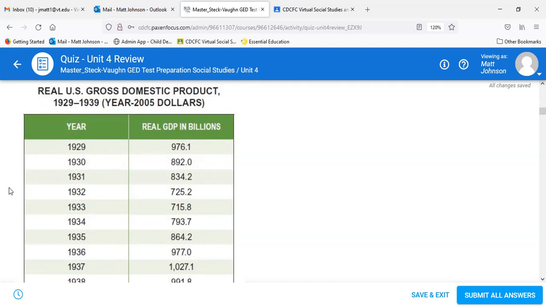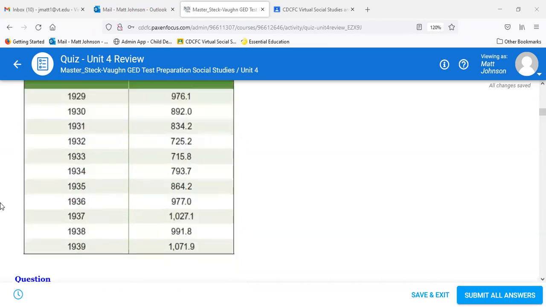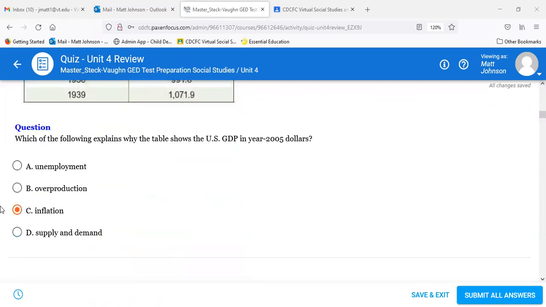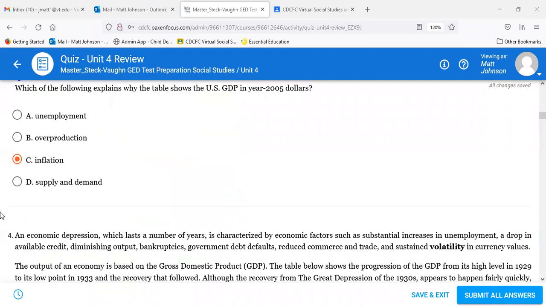The real GDP in billions in 1929 was not $976 billion. It would have actually been less. But for us to know what that really means because of inflation, if it said $300 billion, that wouldn't register with us. So we look at it in a number form that we can better understand. So we calculate the inflation with that. So 3, yeah, we explain it by showing the inflation as well. So C for 3.